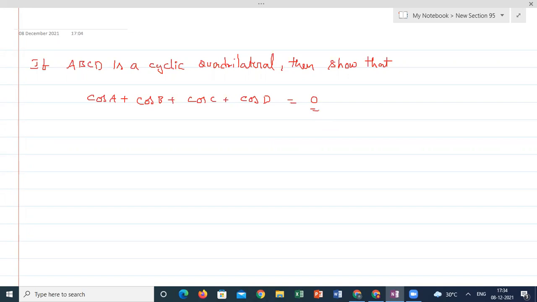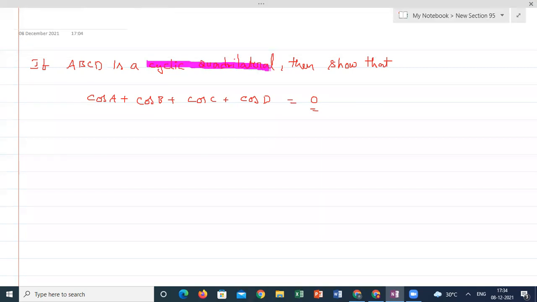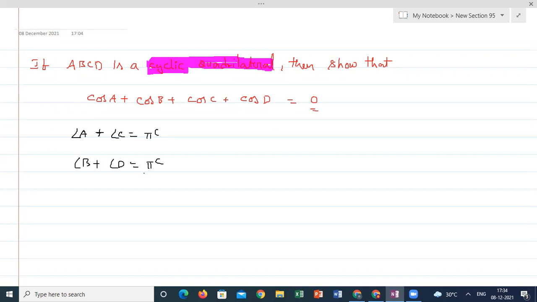So what is the strategy you have to use here? From the definition, A plus C is 180, so A equals 180 minus C. The key is here. If you don't know about the cyclic quadrilateral, you can't solve this question. Will you agree? Angle A plus angle C is equal to pi radians. Angle B plus angle D is equal to pi radians.